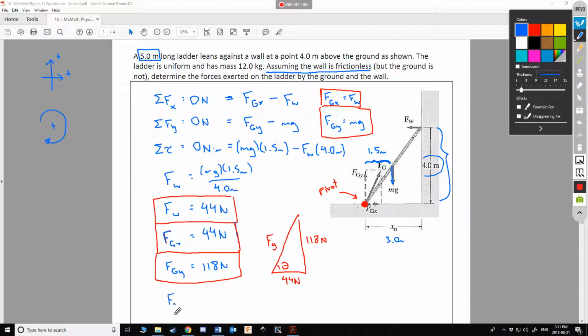Fg is equal to the square root of 118 squared plus 44 squared, which is about 126, so I'm going to round that to 130 newtons. I'm going to find the direction as well. Inverse tan of 118 divided by 44 gives around 70 degrees above horizontal.